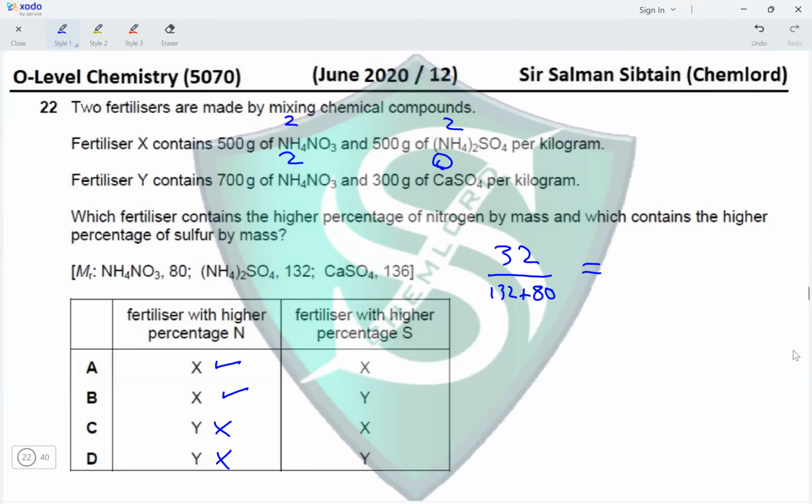So that is the ratio of sulfur present in X. In Y, we have 32 for calcium sulfate over 136 as the MR of calcium sulfate plus 80 as the MR of ammonium nitrate. So we are ending up with these two ratios.